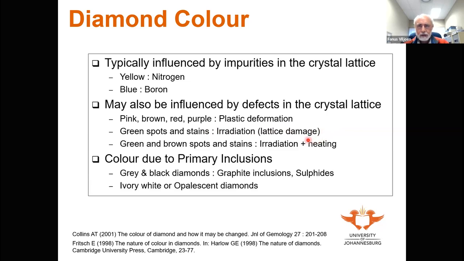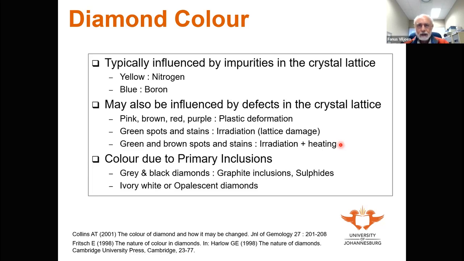Green spots and stains on diamonds may be turned into brown spots and stains through heating. An instance of that would be if your diamond in an alluvial deposit, in a sedimentary deposit, is then caught up in a metamorphic process where these green spots and stains, through heating and metamorphism, are turned into brown spots and stains.